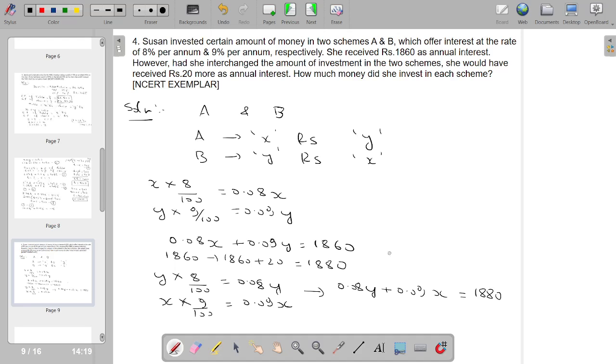Now we have got two equations. This is equation 1 and this is equation 2. We have to find the values of x and y.